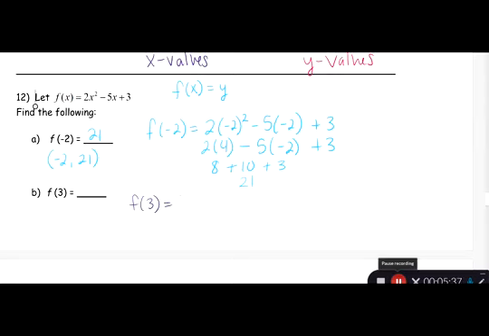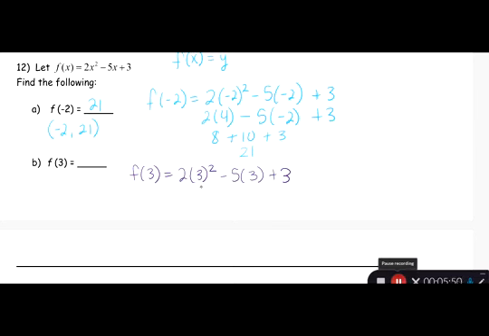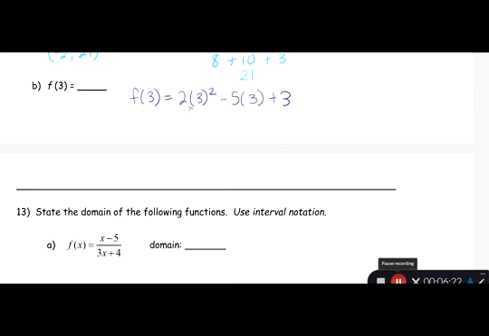So for f of 3, we're going to do the same thing. f of 3 equals 2 times 3 squared minus 5 times 3 plus 3. Make sure you're putting it in parentheses so you don't mix up your signs or anything like that. Okay, so exponent first. So 3 squared is 9 times 2.